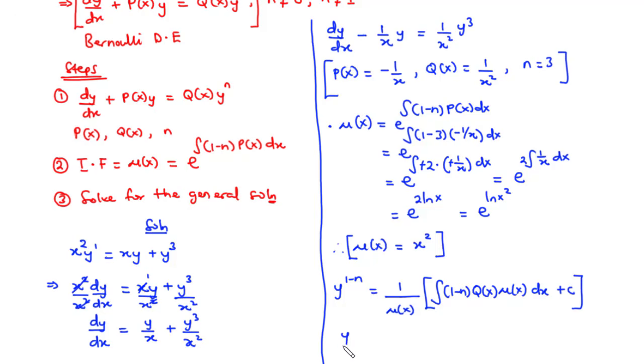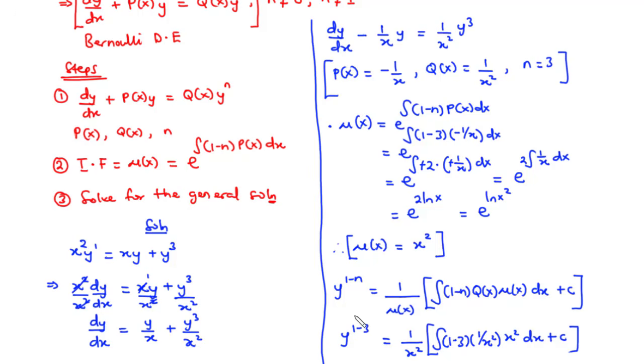So we have y to the power 1 minus 3 equals 1 over mu of x, which is x squared, so 1 over x squared, all times the integral of 1 minus 3 times q of x, which is 1 over x squared, times mu of x, which is x squared, all dx plus c.